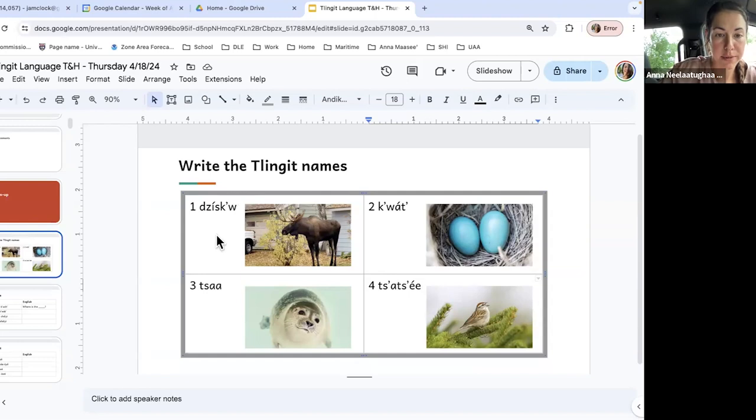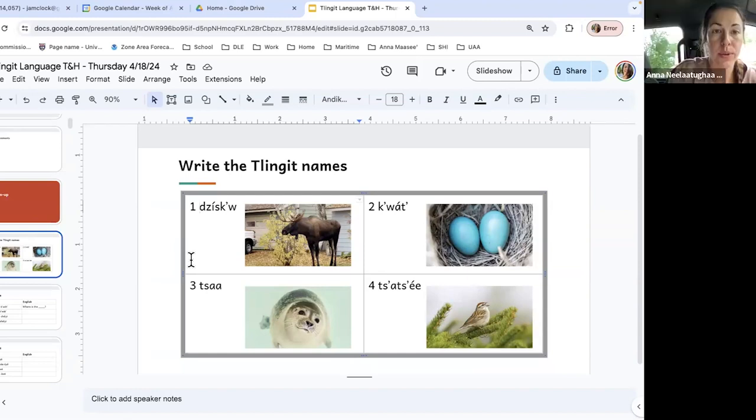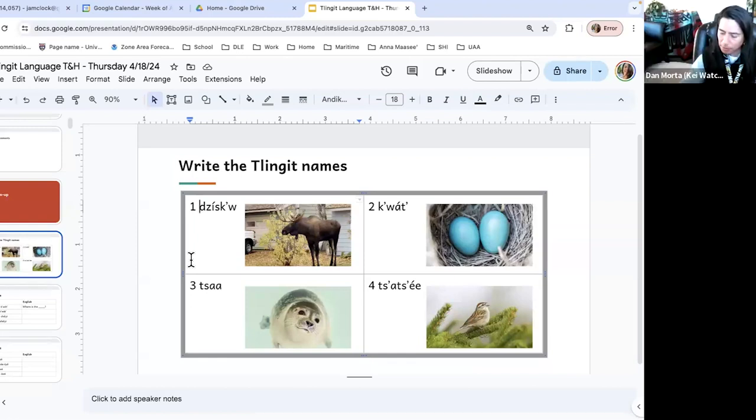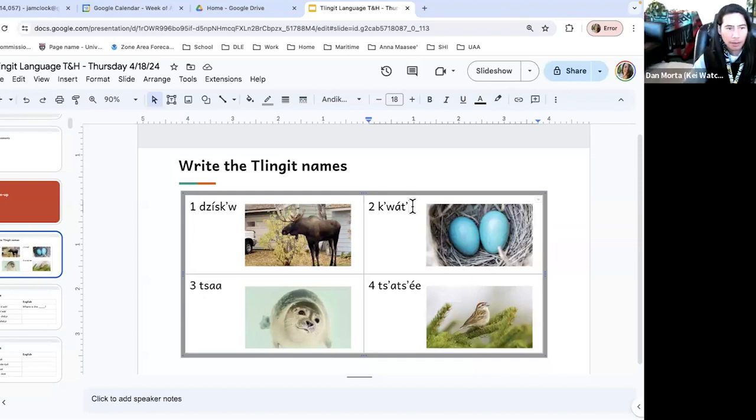In the meantime, guys, go ahead and repeat after me. So for number one, let's say this is called a zisk in Tlingit. So repeat after me. Tlingit Einach. Disk you do a sak. And for number two, Tlingit Einach. What you do a sak.